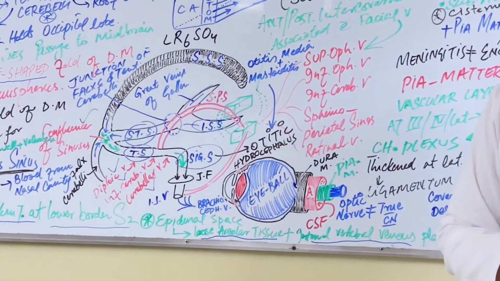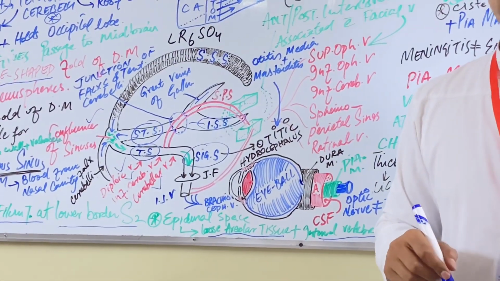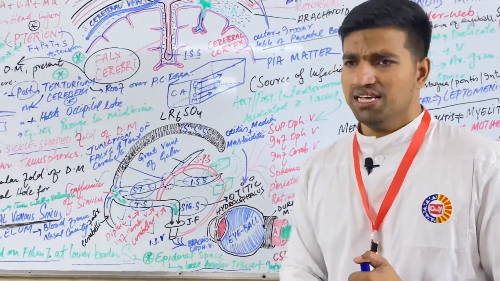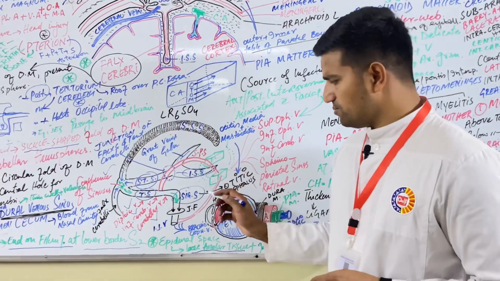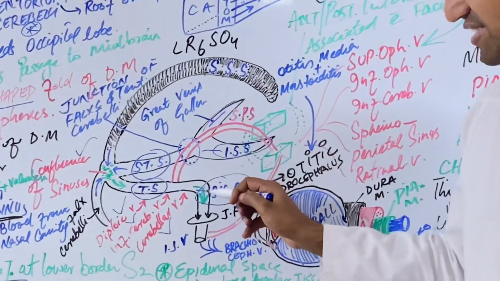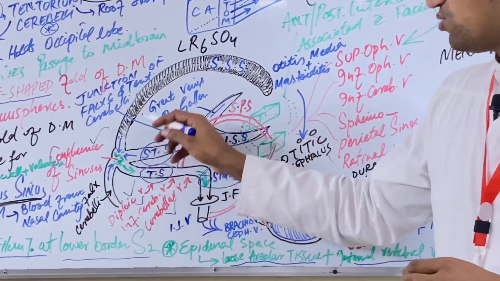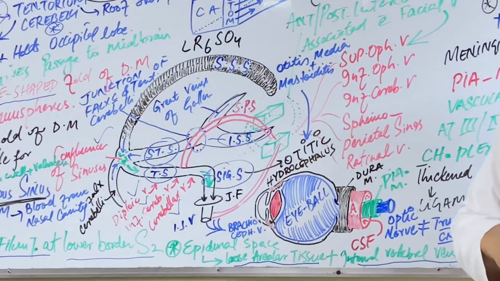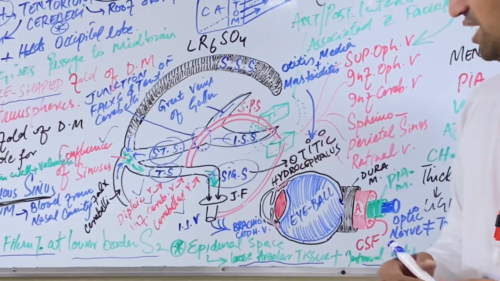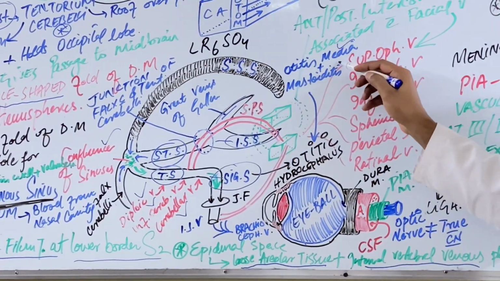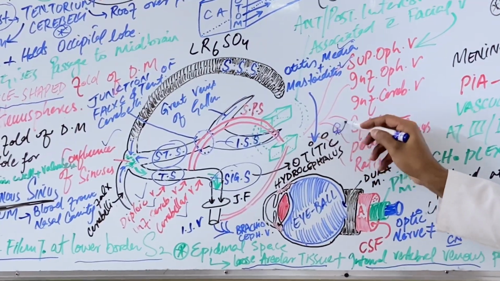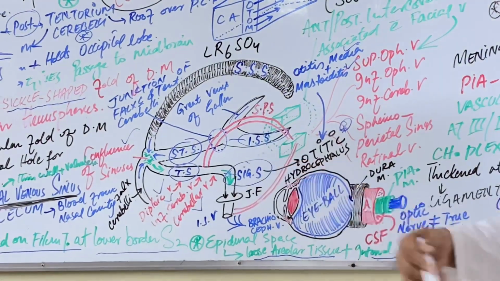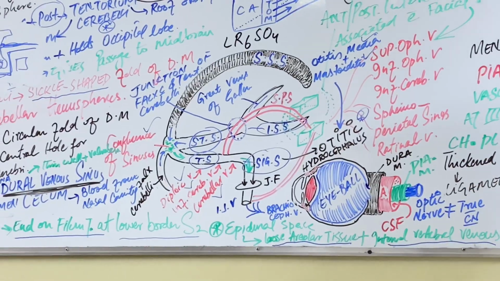And if there is any kind of otitis media, middle ear infection, or mastoiditis, then the sigmoid sinus will be infected, then the transverse sinus and superior sagittal, the whole sinus system will be infected, and the CSF absorption will be affected. And due to this otitis media or mastoiditis, a pathology called otitic hydrocephalus can happen because of the sigmoid sinus's proximity with the mastoid antrum.